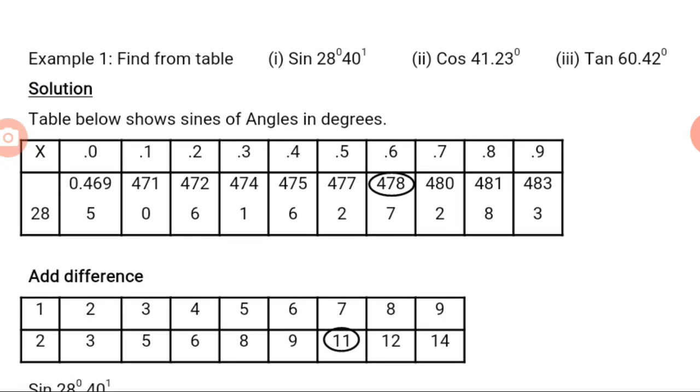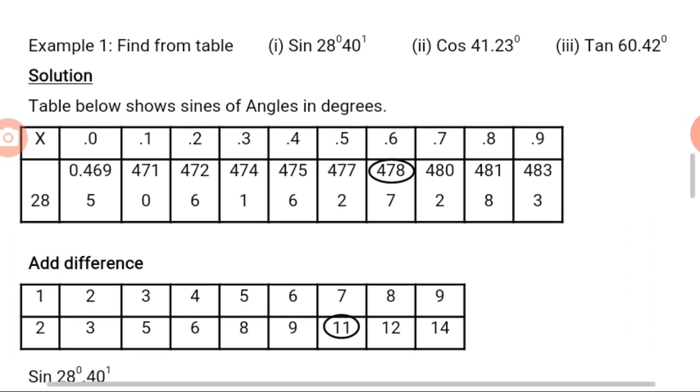For sine 28, you look at sines of angles. Under it, you look at 28 degrees. Under x, you will see degrees there, 28. Is that clear?